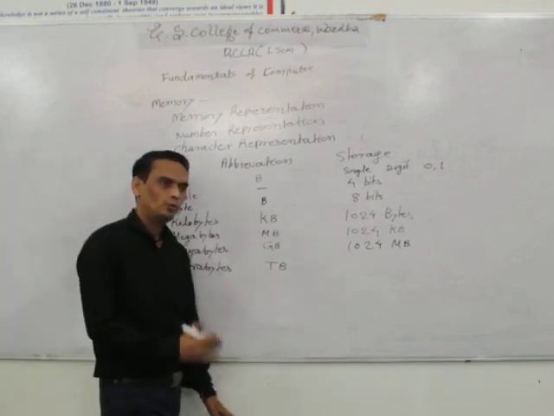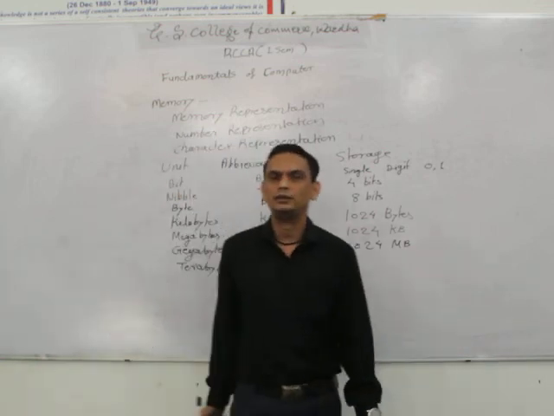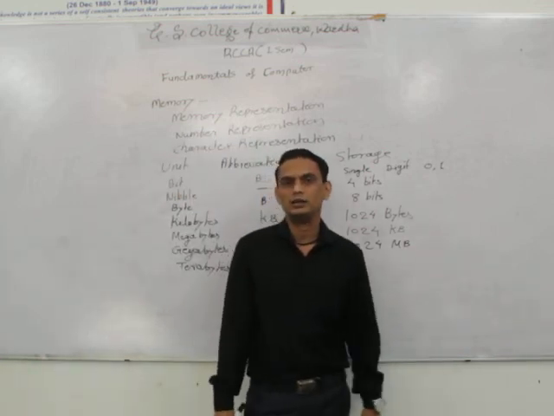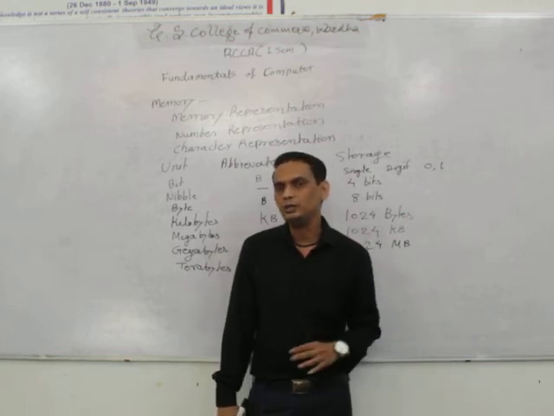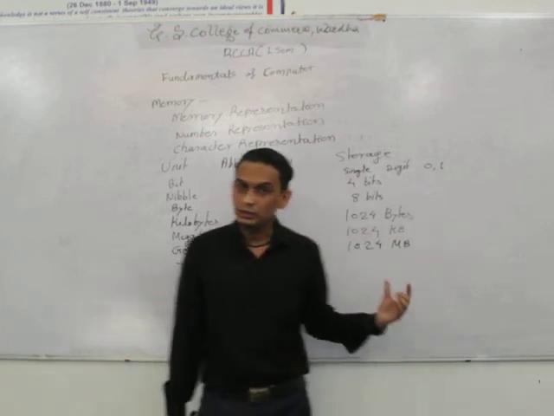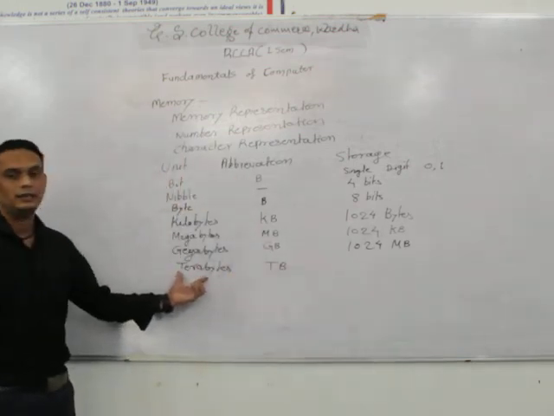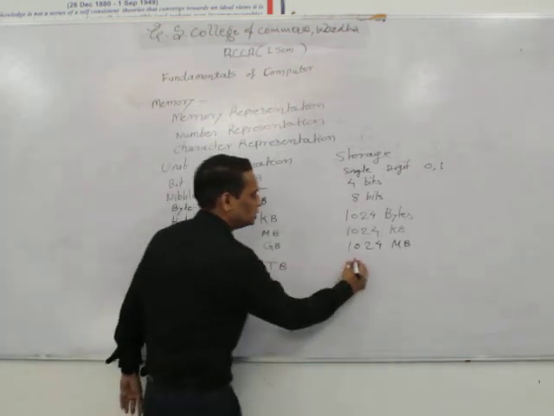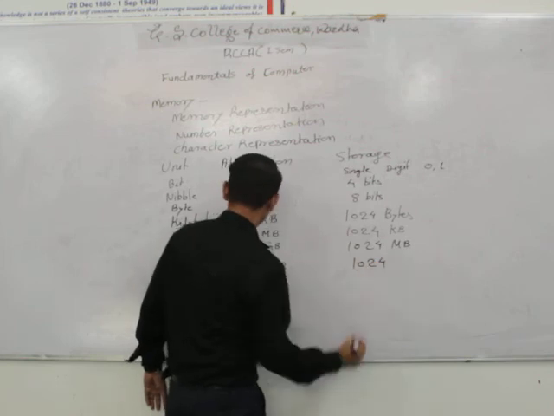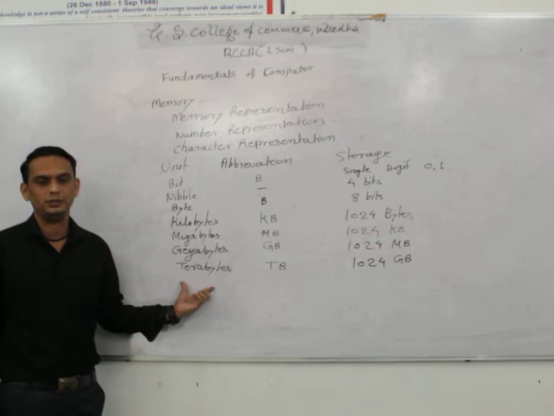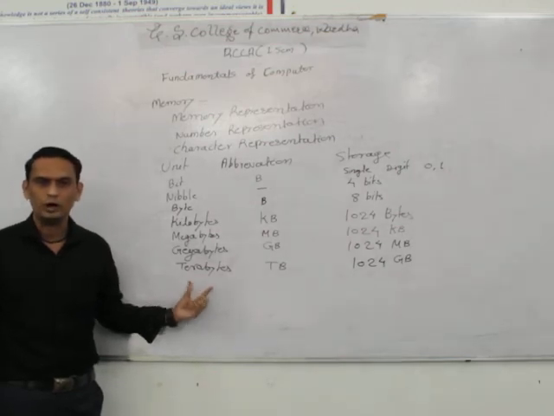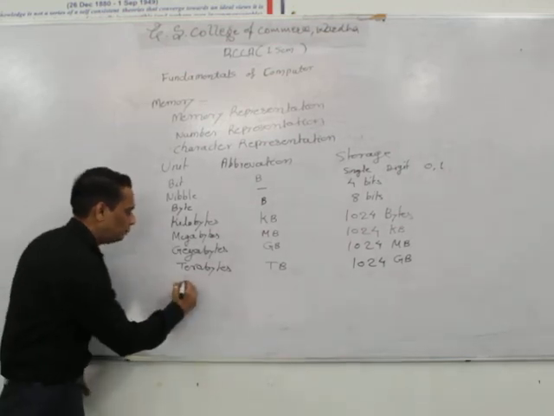We have 1 TB or 2 TB external hard disks, or in our laptop a 1 TB hard disk. 1024 GB equals 1 TB.